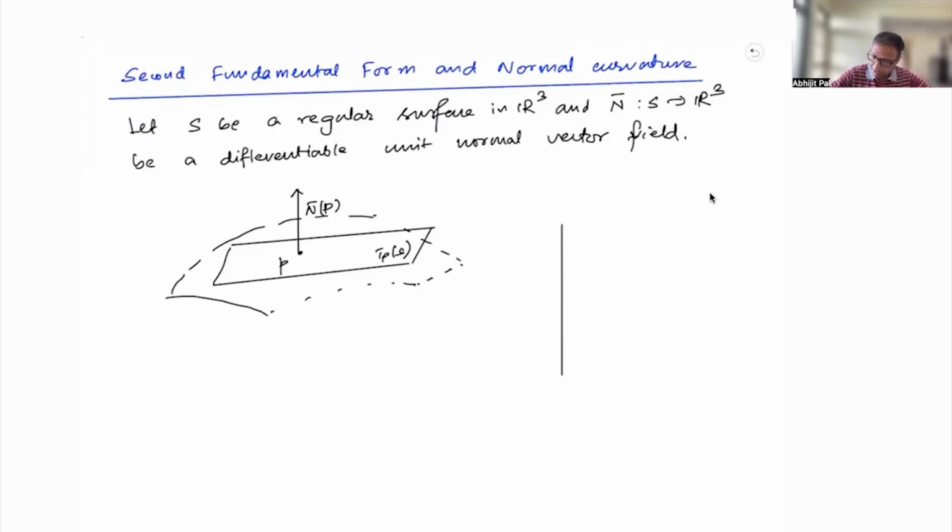Suppose these are my coordinate axes. So now translate this N bar P to the origin.